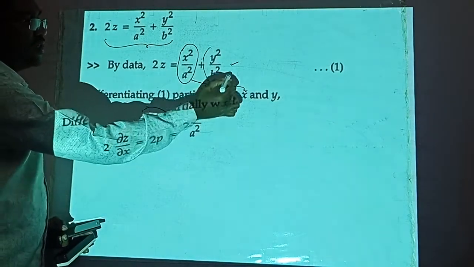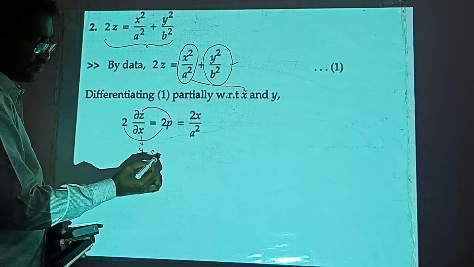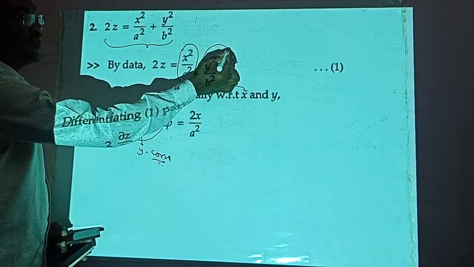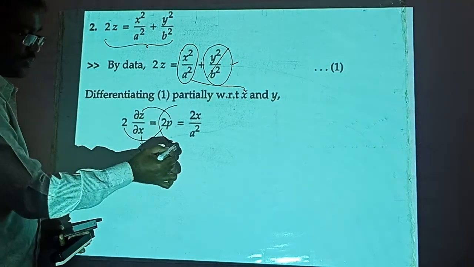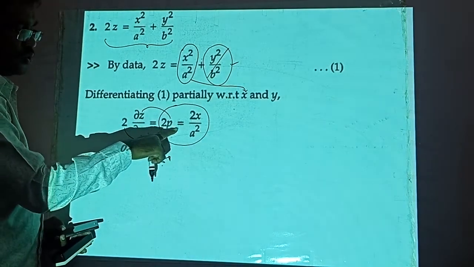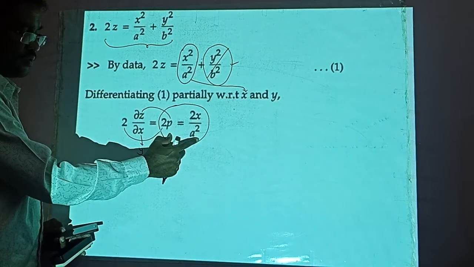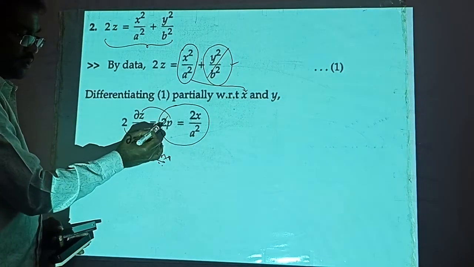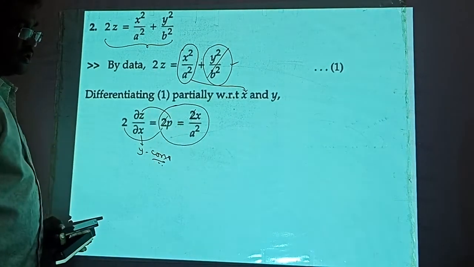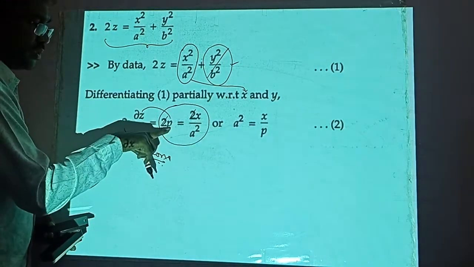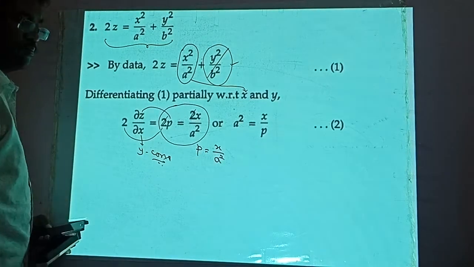Since we are differentiating with respect to x, y is constant, so that term's differentiation goes to 0. So 2p is equal to 2x by a². This 2 and this 2 get cancelled. What remains? p is equal to x by a².